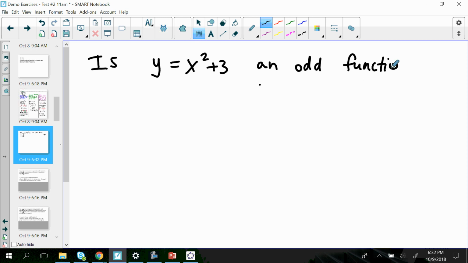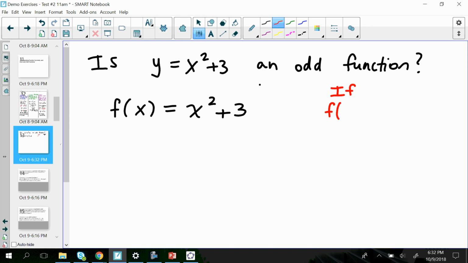So if it was worded this way, we would say, well, let's see, f of x is function notation, so we're just replacing y with f of x, and then we will want to see if replacing x with negative x results in negative y.